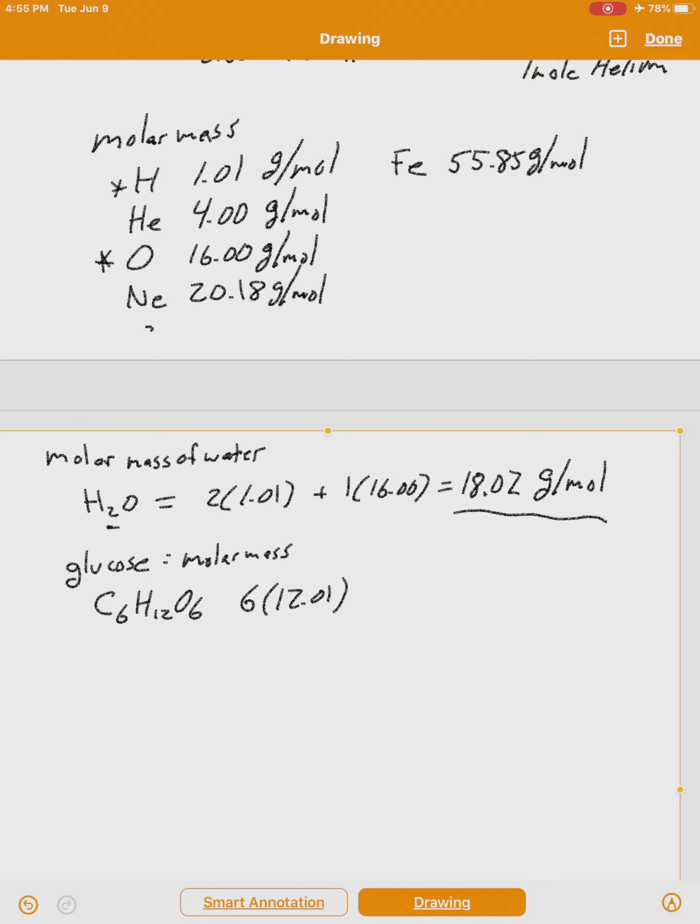But remember, naturally occurring carbon is a mixture of carbon 12 and carbon 13. So it's a little bit more than 12. It's 12.01. There are 12 hydrogens in glucose. And there are 6 oxygens in glucose. So that would give you a total of 180.18 grams per mole. Check that yourself. See if you get 180.18. That would be the molar mass, 1 mole of glucose.